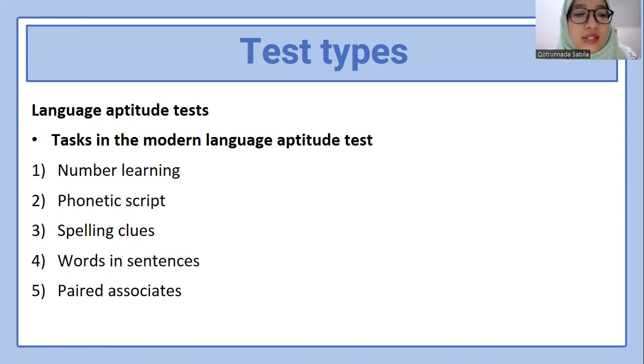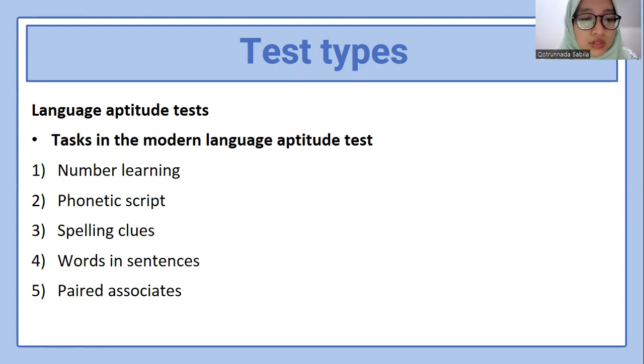A language aptitude test is designed to measure capacity or general ability to learn a foreign language and ultimate success in that undertaking. Language aptitude tests are ostensibly designed to apply to the classroom learning of any language. There are tests in the Modern Language Aptitude Test, such as number learning. Here examinees must learn a set of numbers through oral input and then discriminate different combinations of those numbers.